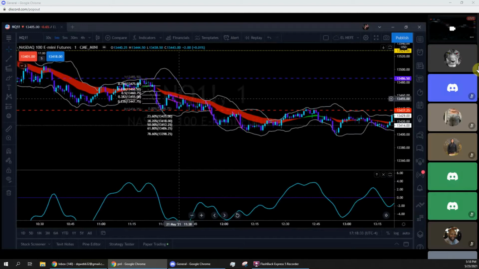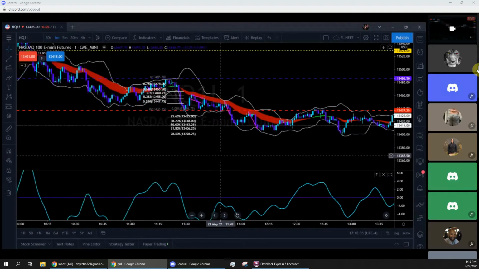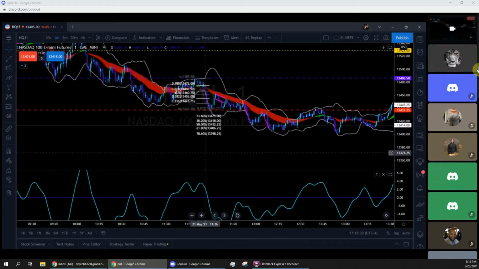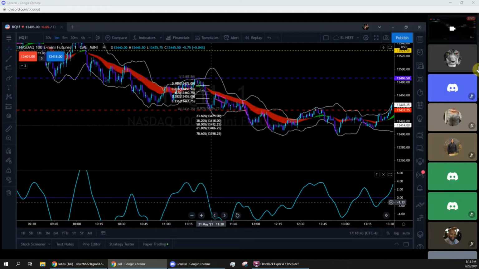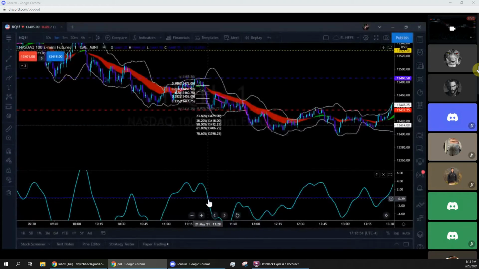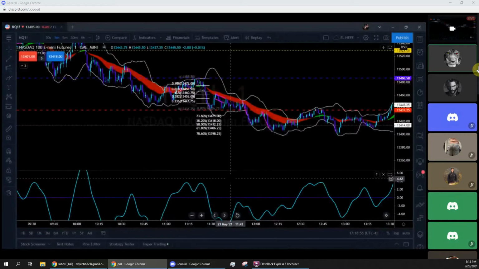And put as many things in your favor as possible. The confluence part that I was telling you about. This zero line crossing. The cumulative delta line, is it below zero or above? Put as many of these things, this cloud, this flow line, and the cumulative delta line, all in your favor.